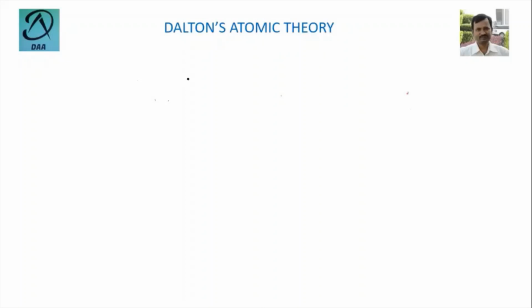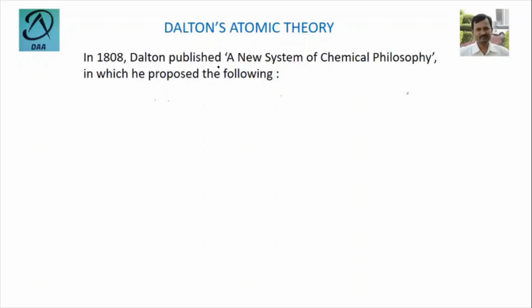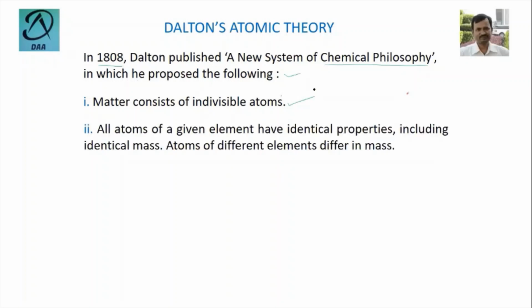First, Dalton's atomic theory. In the year 1808, Dalton published a new system of chemical philosophy in which he proposed the following points. Number 1, matter consists of indivisible atoms. Number 2, all atoms of a given element have identical properties, including identical mass.